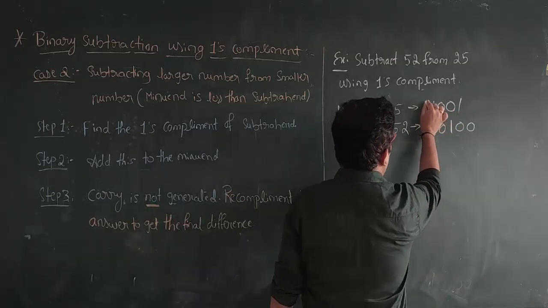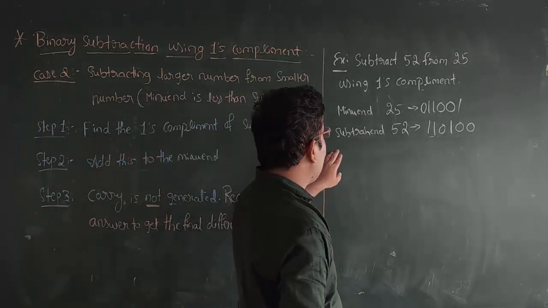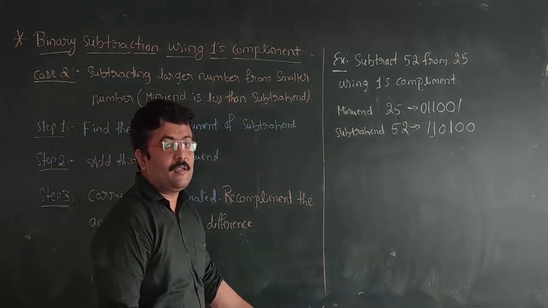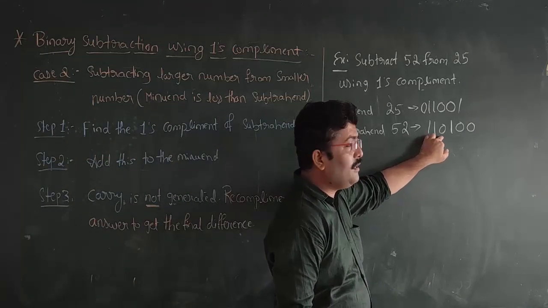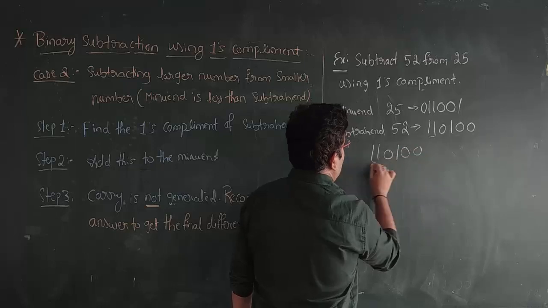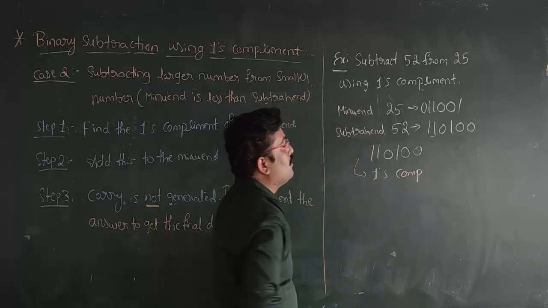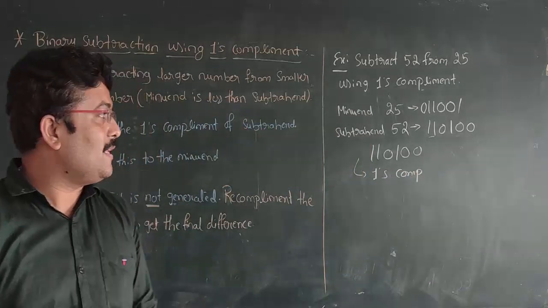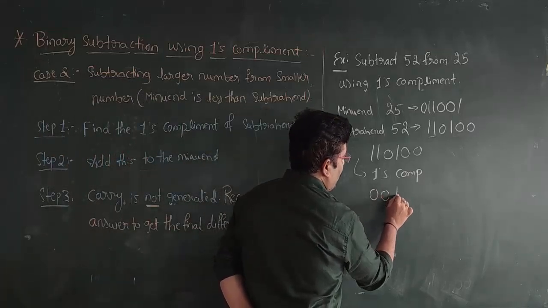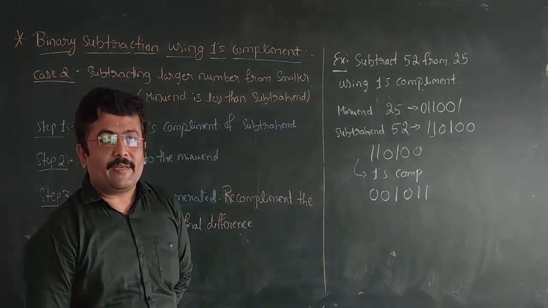So I will add a 0 at the left side of the minuend. Next, step 1 is to find the ones complement of the subtrahend. The subtrahend value is 110100. The ones complement, replacing 1 by 0 and 0 by 1, is 001011. This is my ones complement answer.